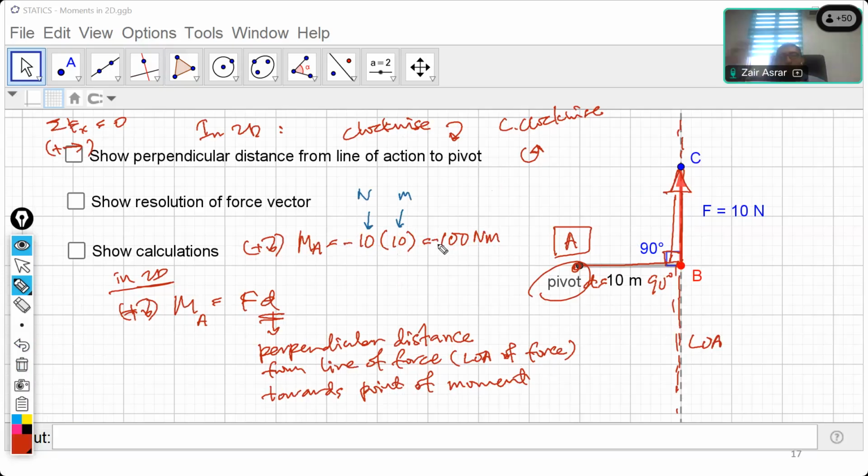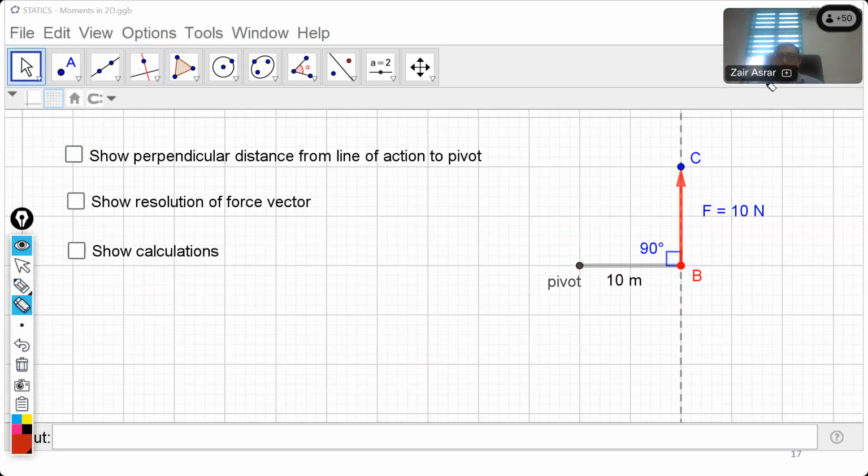Now we'll see how we got all of this. For this particular example, it's not so clear about the rigid body and so on, because you don't see a rigid body in this case. Okay, fine. Let me remove all of this.